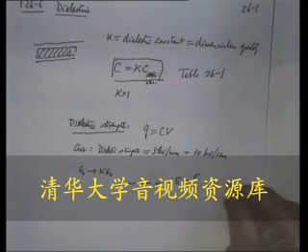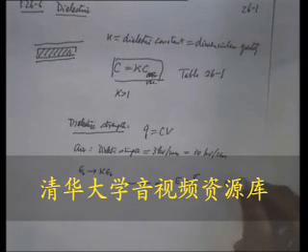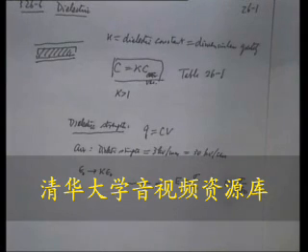Now this equation becomes E equals sigma divided by kappa epsilon 0. So for the same charge on the plate, the electric field is smaller because of kappa.